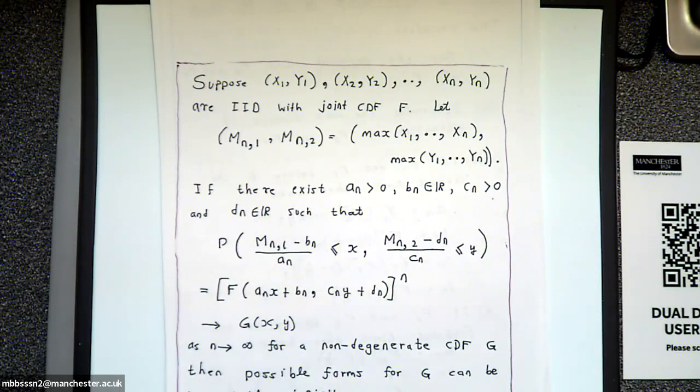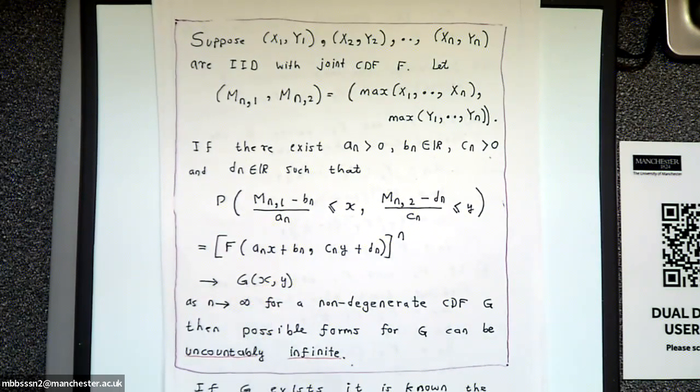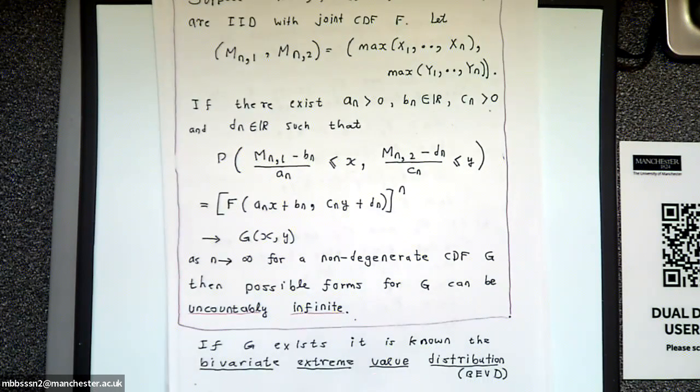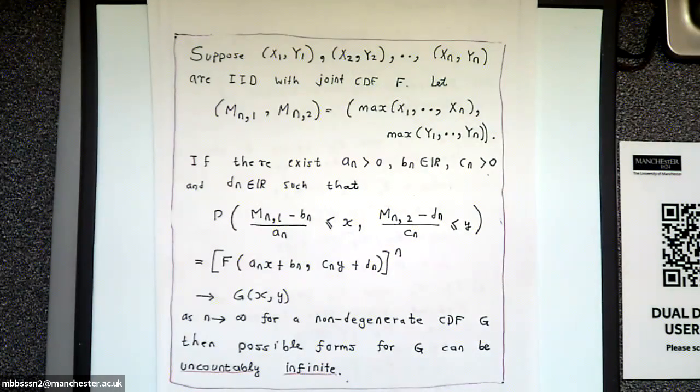And you look to see if the limit exists. If the limit exists, then it can take uncountably infinite different forms. And the limiting distribution is known as the bivariate extreme value distribution, right? Okay, so that's the story so far.